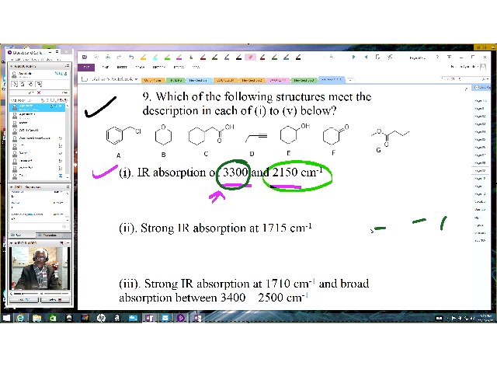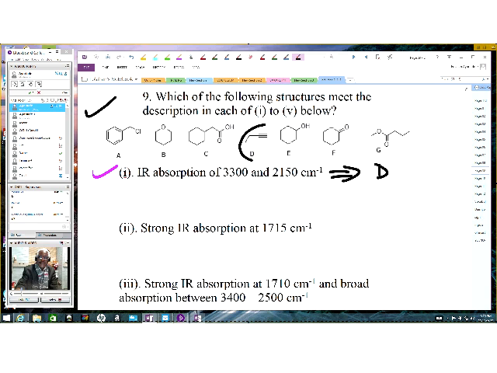But just as I told you a few seconds ago, you will be given a table of those absorption frequencies. But it is better for you to actually know them so you don't have to be looking at the table all the time. So the answer to this is D. This one is D, which is this one right here.